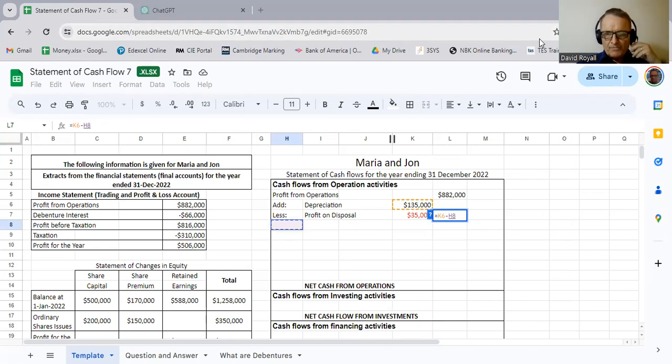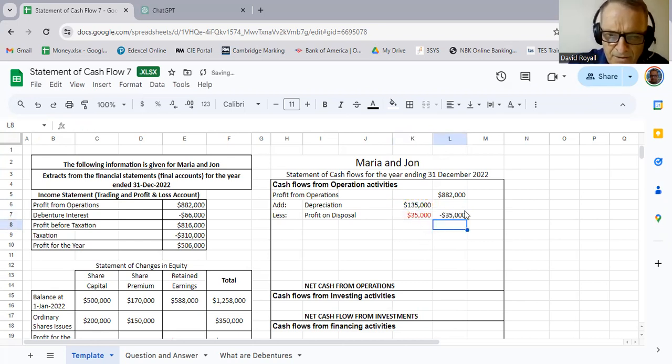Okay, so now what we've got is the figure of 135, less 35. That gives us 100. Fairly straightforward calculation.